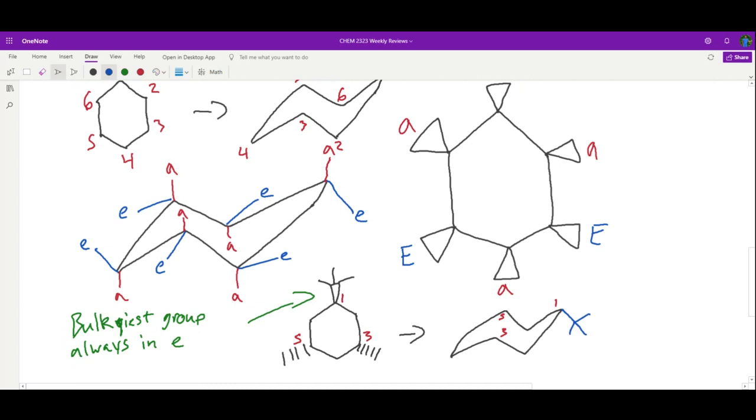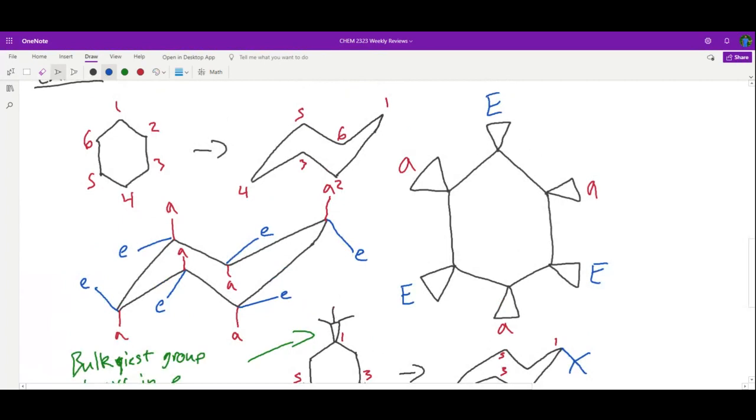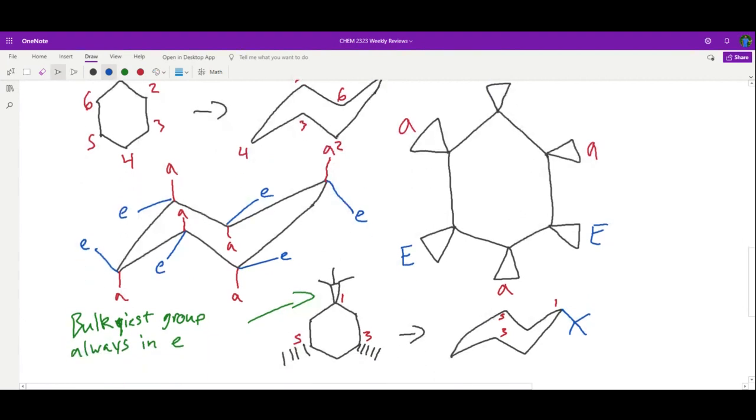And again, we don't have to put wedges and dashes on our chair. We can just use line angle. So I was able to put my wedge in equatorial position because I chose it to be. That's why I made this carbon 1. So if I made this carbon 1, I have to look at carbon 3 and 5, so I have dashes, but my template has wedges.